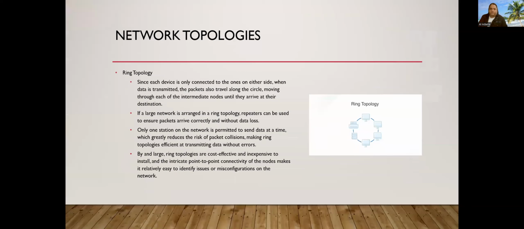Moving on, this one's called a ring. The ring is pretty straightforward. Each device is connected to each other, side by side, essentially, on either side. And it can get pretty big. Usually after about 7 items, you have to use something called a repeater, which is a specific piece of hardware that you plug the network into. It sends the signal out and amplifies it, and then you plug that into something else, and you keep the chain going.